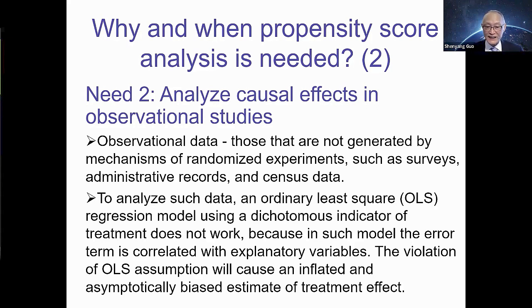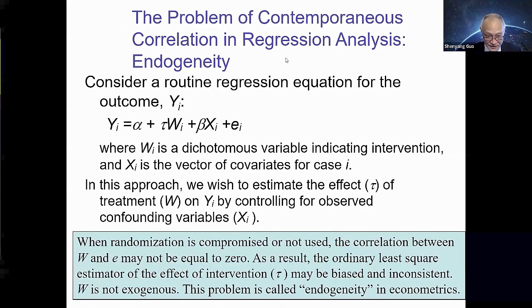So in that regression model, here is the equation. We have W, which is group membership. W equals 1 means receiving treatment, equals 0 means control. Then we add a series of control variables, the X vector, into the equation. This is called statistical control or regression control.